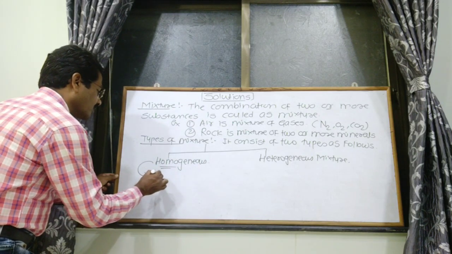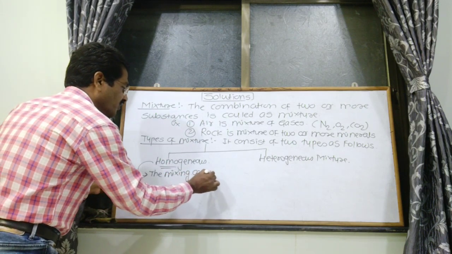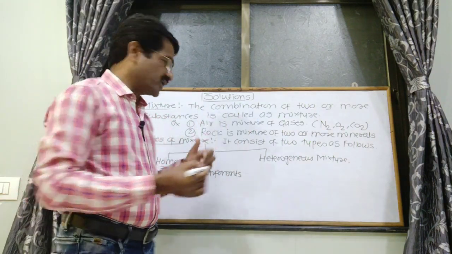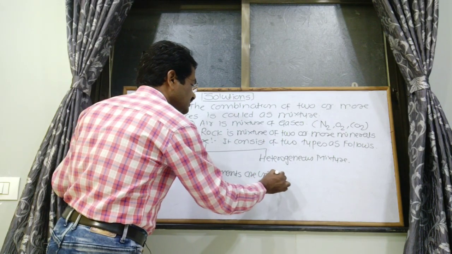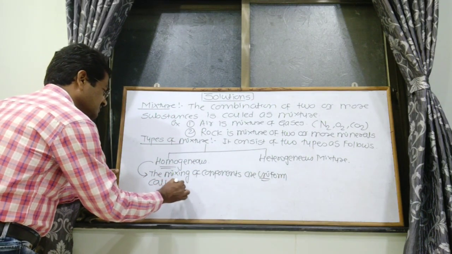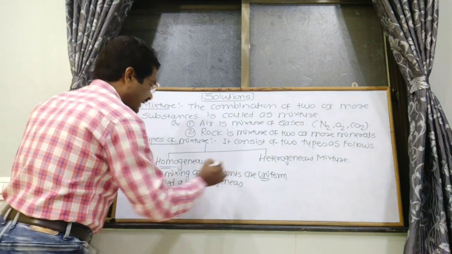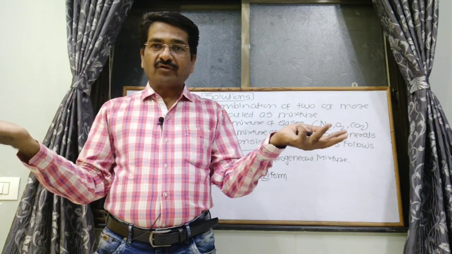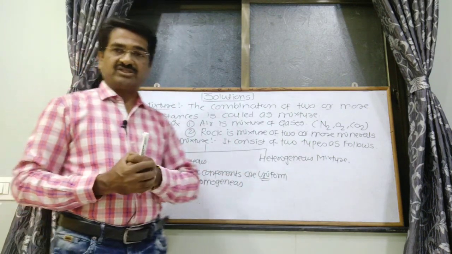The mixture in which the mixing components are uniform and cannot be separated from each other is called a homogeneous mixture.